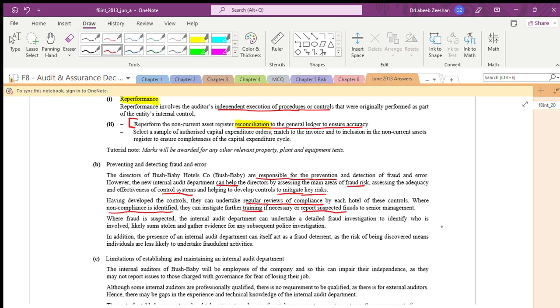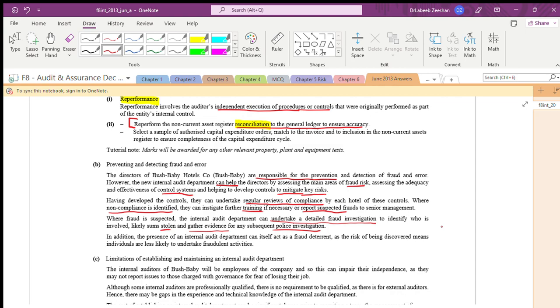Where fraud is suspected, they will undertake a detailed fraud investigation. Who is involved? How much is stolen? This is how much evidence we have gathered, and whatever further investigations are needed. Even when fraud is suspected, they will go to a detailed investigation.